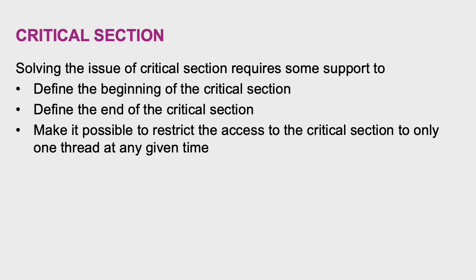Then we need some mechanism in order to restrict the access to the critical section to only one thread at any given time. We will see how we can actually solve the critical section issue, and we will start by discussing locks.